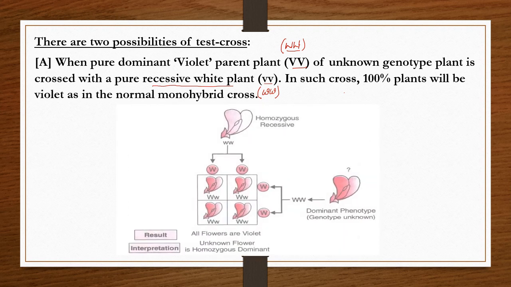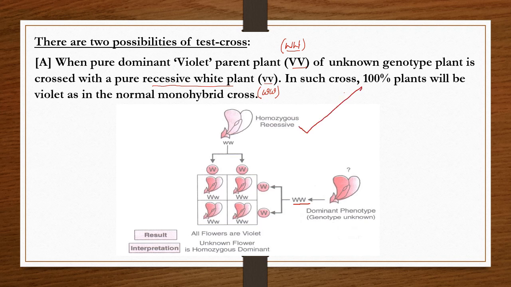Here the dominant phenotype's genotype is unknown as per the question. We take a pure dominant, that is capital W, or maybe capital V, and it is crossed with a recessive white plant, that is homozygous recessive.